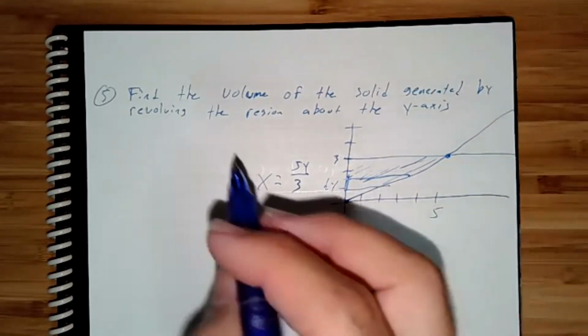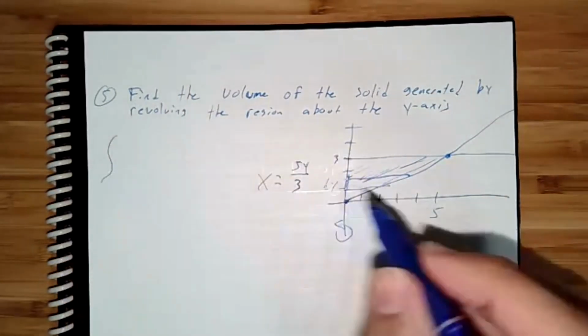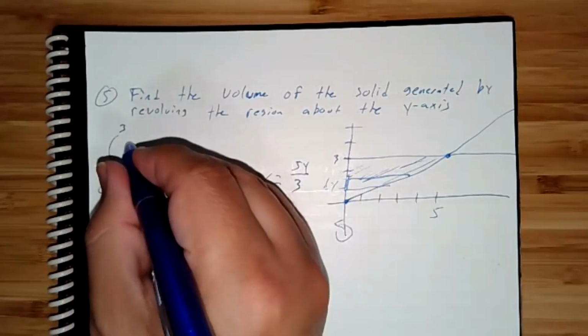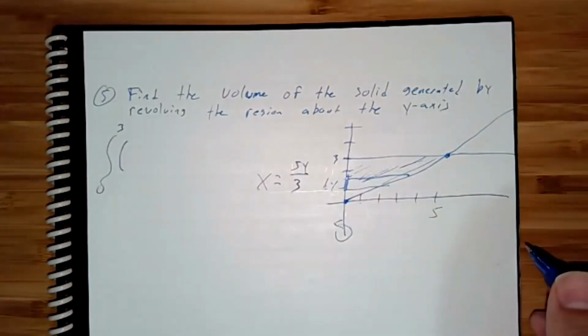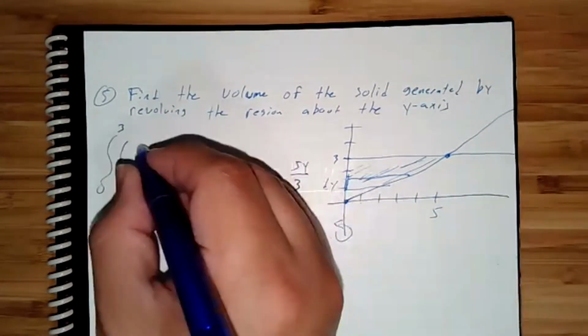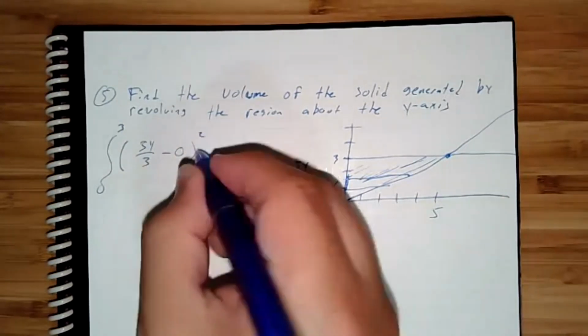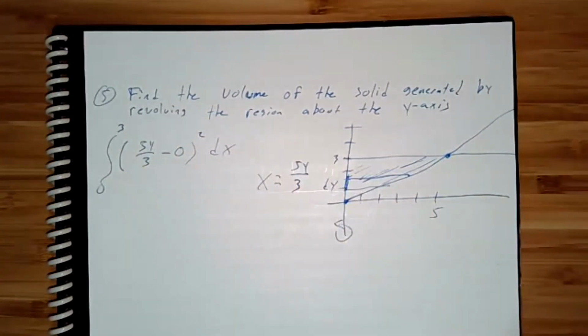Okay, so the integral will be on the y from 0 to 3 of 5y over 3 minus 0 squared dy.